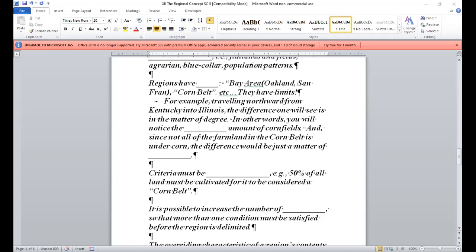Now, it's possible to increase the number of your criteria so that more than one condition must be satisfied before the region is delimited. So the overriding characteristic of a region's contents may be, probably will be, its homogeneity. We've talked about that several times, or its sameness.